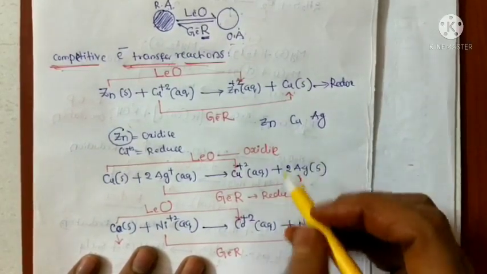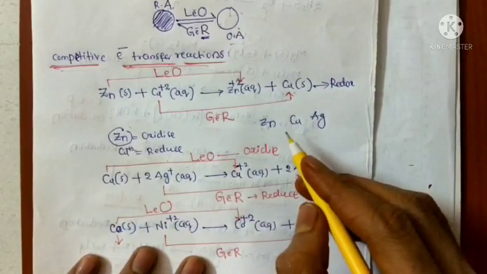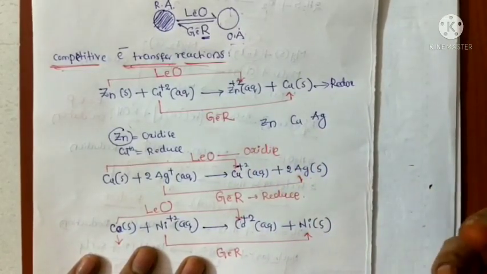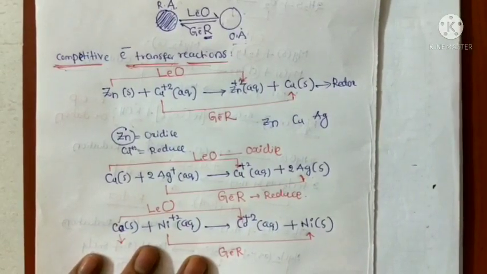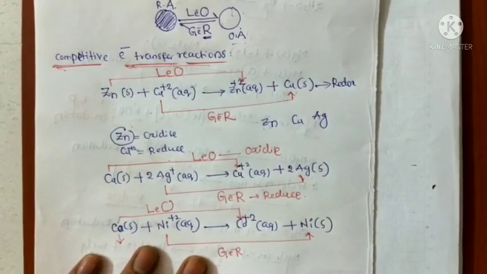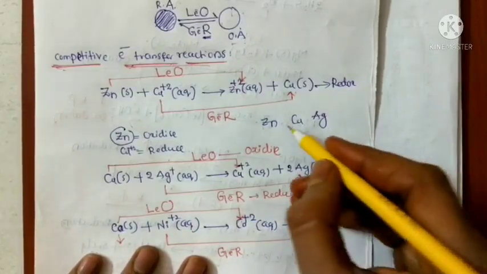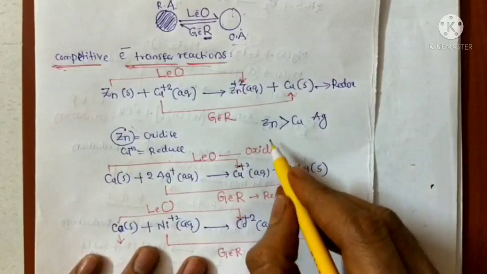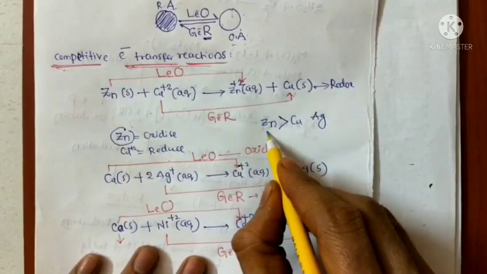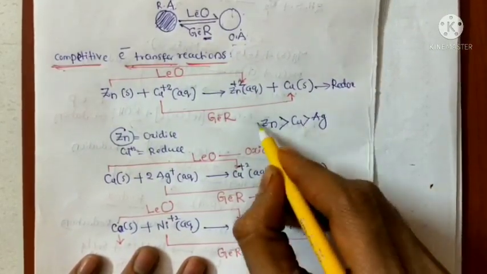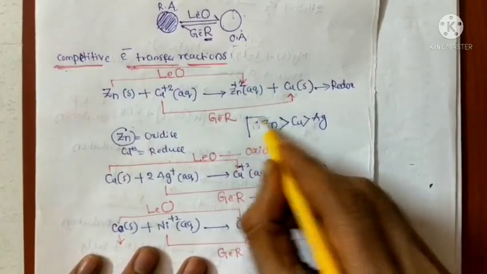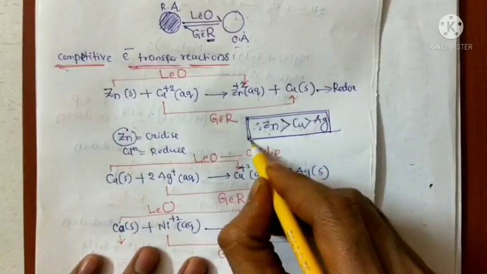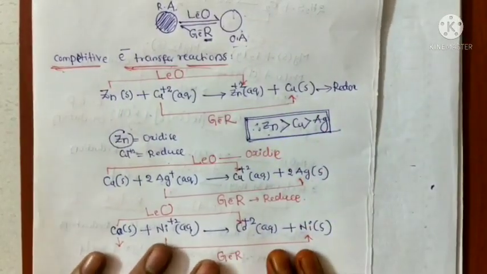Here you focus only on the order of the metals whose donating tendency is high. In decreasing order of electron releasing tendency, zinc has the highest capacity.